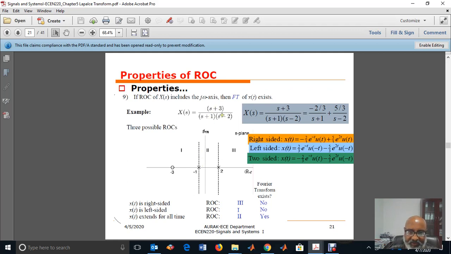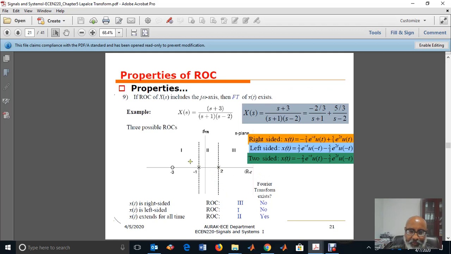Now, we see this signal has poles at -1 and 2, a zero at -3, and another zero at infinity. So what are the three possible regions of convergence? They are: one, less than -1; the other, between -1 and 2; the other, greater than 2.